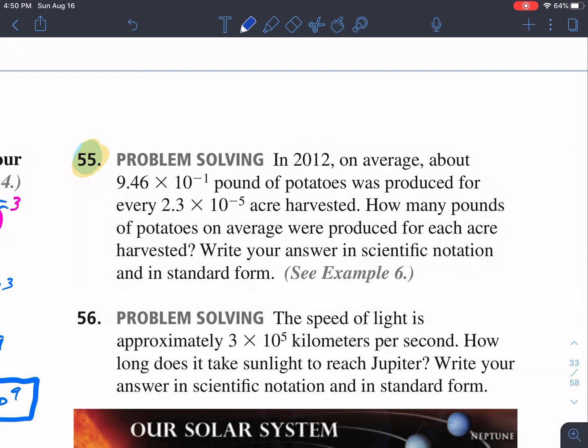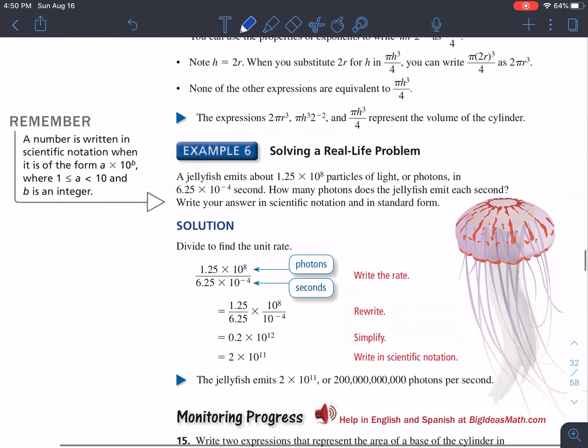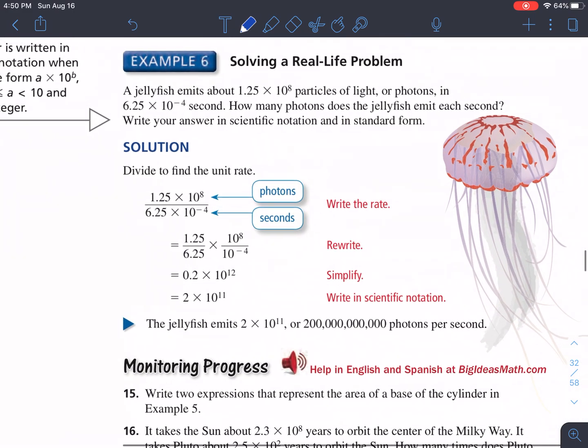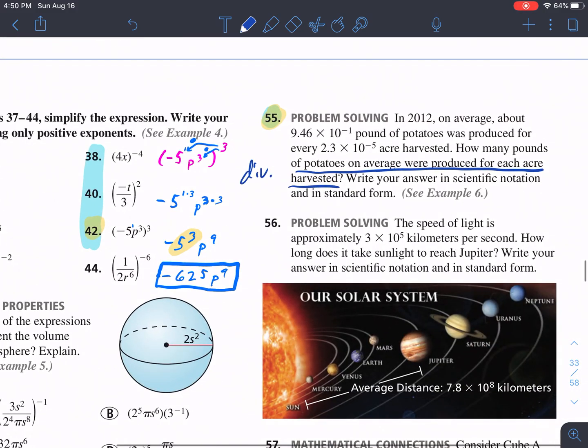So we want to know how many pounds on average were produced for each acre. So when you do that, that actually means that you guys should be dividing. And a good way, if you're like, huh, are we? If you check example 6, you guys should see that we are dividing because it's pounds per acre.